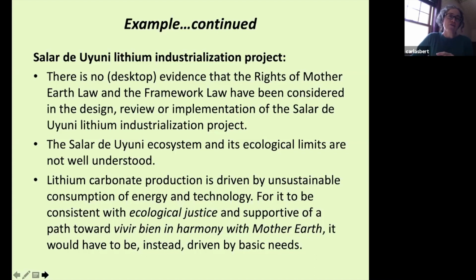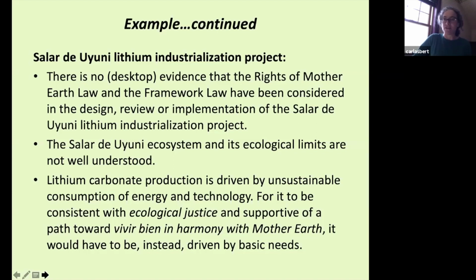And then another thing to say is that although lithium is a mineral that's necessary for renewable energy production, and so in some ways it's part of the solution, we really have to ask harder questions about that.